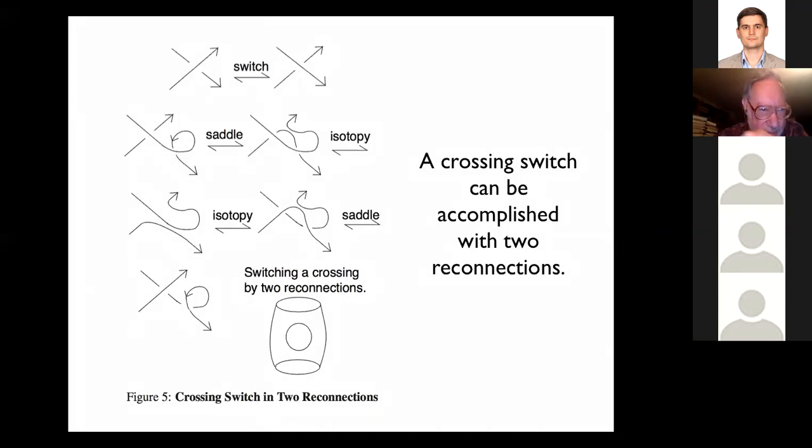Now I have 2 oppositely oriented edges there, and I go through a saddle, and now I have a little line which is passing under another line. So up to isotopy, I can slip it out and then push it back over the top. Then I can go back through a saddle and get the crossing switched, and I can remove that little curl if I want to. And I'm back to where I started, 2 lines crossing, but now they're switched. That will trace out a bit of surface, a bit of torus, with 2 reconnections.